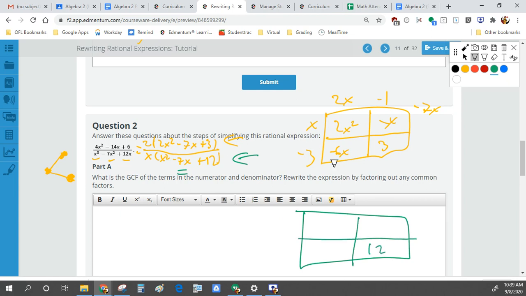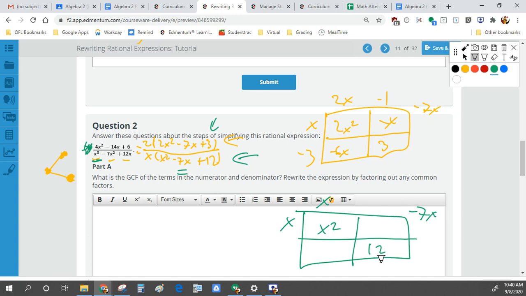So this was a 12. This was an X. So what happened here was, I think I was trying to match it up with this. I took out a 2 on the top one, so that's why I think it became a 6. That was my bad. So here I'm going to do X, X, and I want this -7x. So this is going to be a little tricky. 2 and 6 won't make a 7.